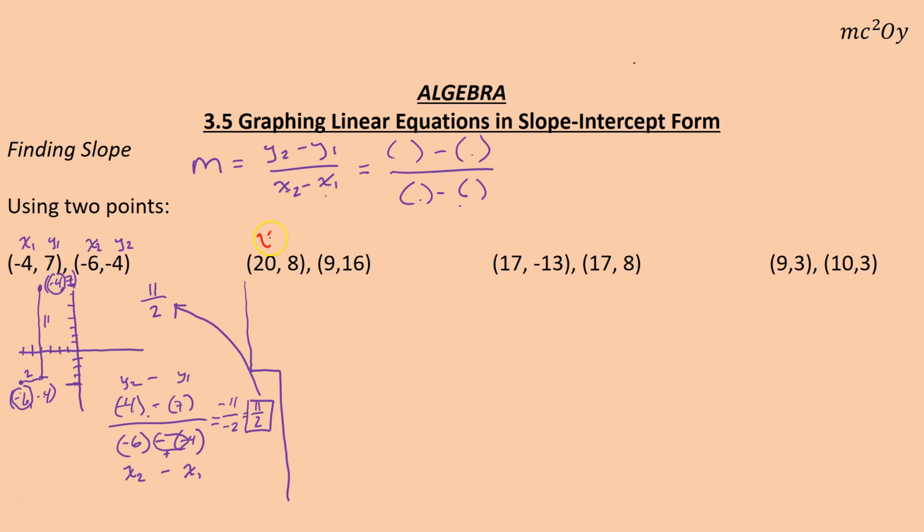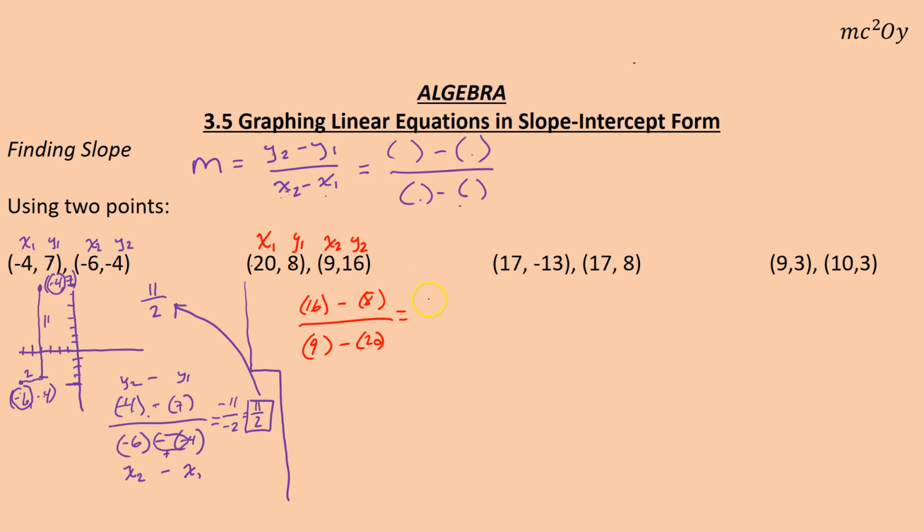So I'm going to label x1, y1, x2, y2. I'm going to put my 4 places, and I'm going to plug in my pieces. Now, last time I did 16 minus 8, and I put the top in, but another way I've seen it done is, notice your y2 and your x2 are above each other, so I could say 16 over 9 and 8 over 20.